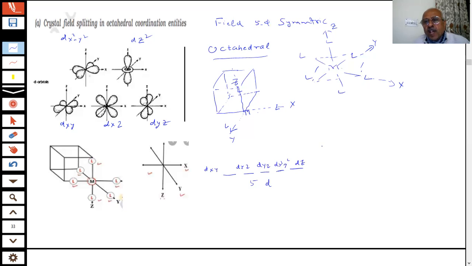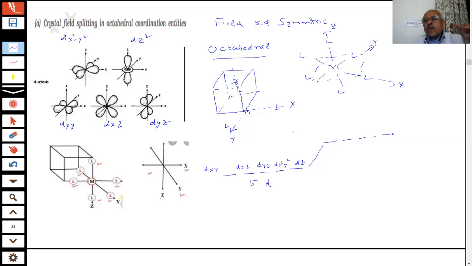As they are negative, and there is a uniform distribution of electric field around them, another electric field is coming, and so the energy of all the 5D orbitals will rise.